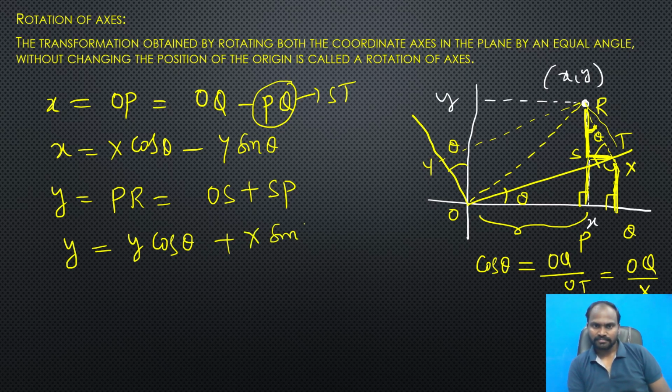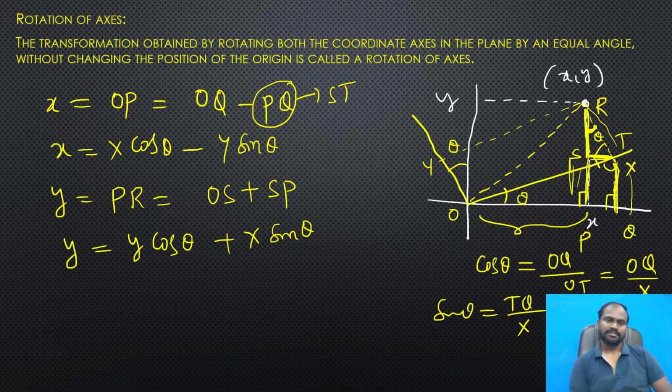Here sin theta is equal to TQ by X. So TQ is going to be X sin theta. That is going to be SP. TQ is the same as SP, these two are the same. So now you can see that x is equal to X cos theta minus Y sin theta, and y is equal to Y cos theta plus X sin theta.